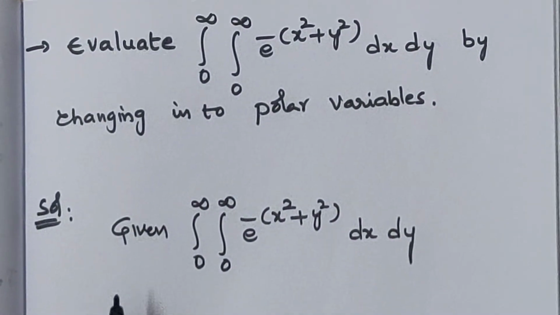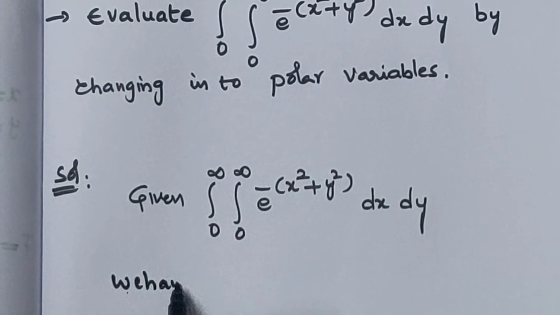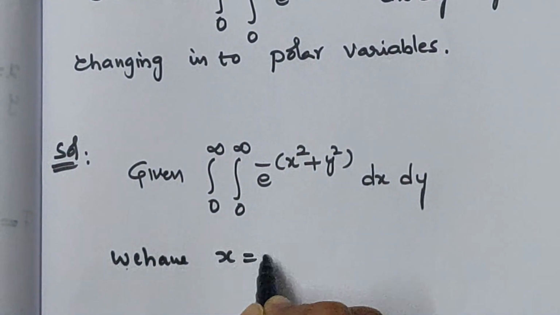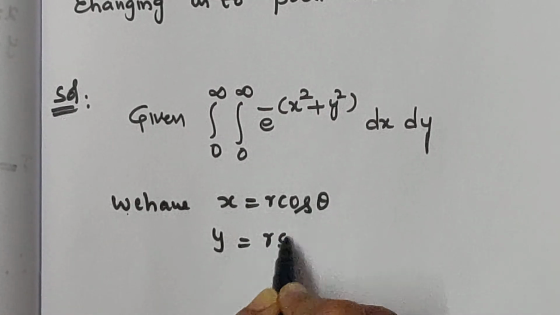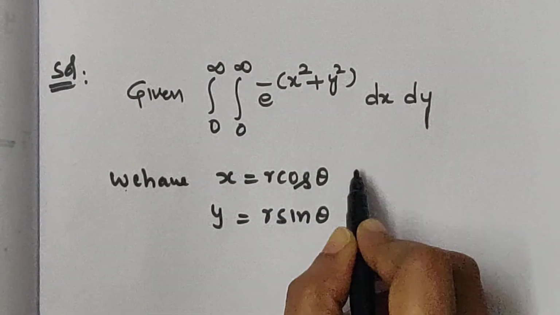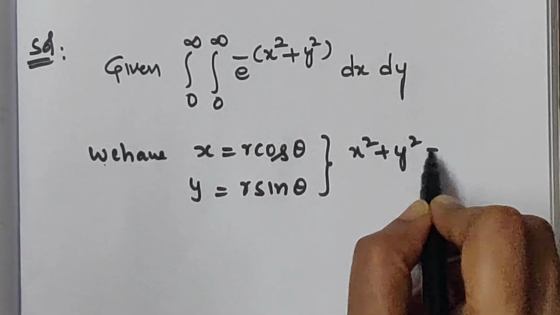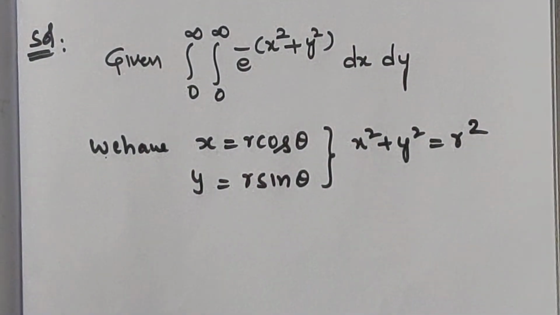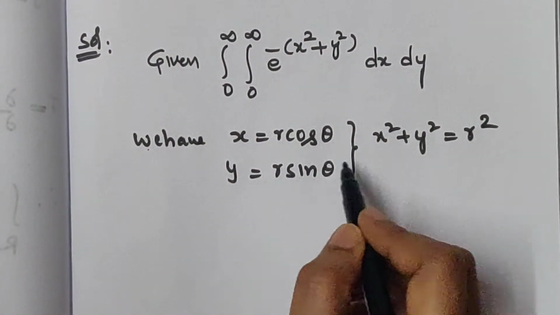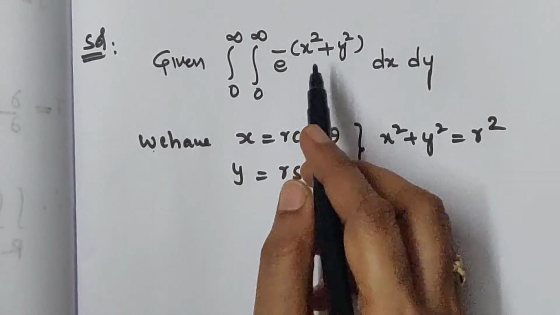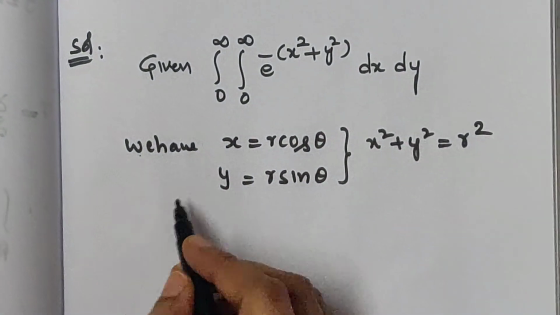For that, the transformations are x equal to r cos theta, y equal to r sin theta. By using this, x square plus y square becomes r square. So by using these transformations, first convert the function under the double integral in r comma theta.